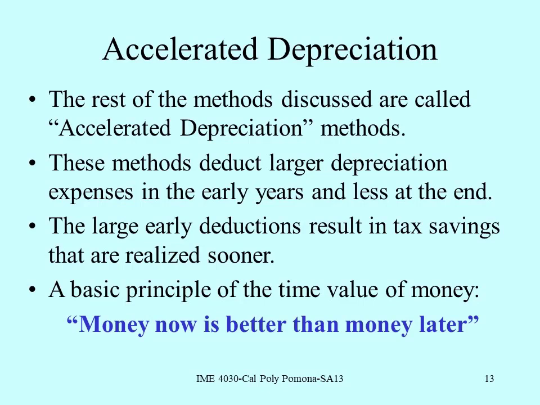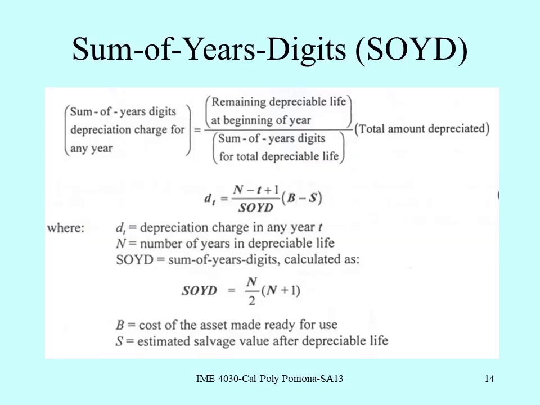Let's go to slide number 14 and look at our first accelerated depreciation method, which is called the sum of the years digits method, or SOYD. With this method, we take the number of years in our depreciable life and we add up the digits, and that gives us the denominator of a fraction, and then we take the number of years left of the depreciable life, we put that in the numerator, and then that gives us a fraction of the depreciable amount that we take each year.